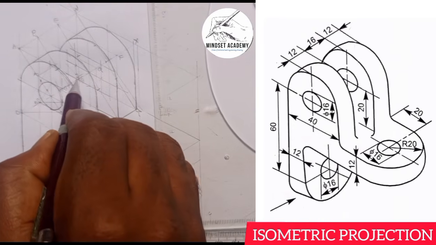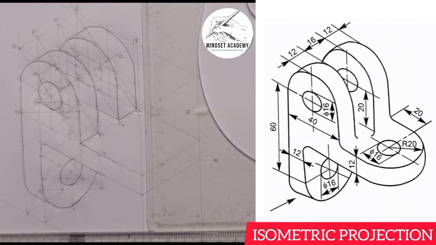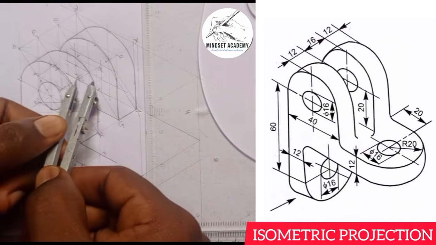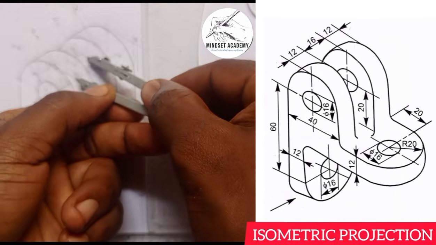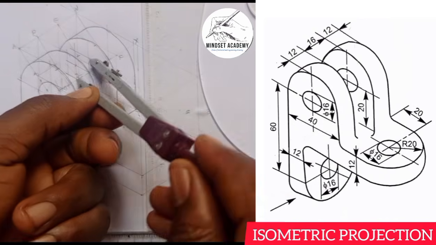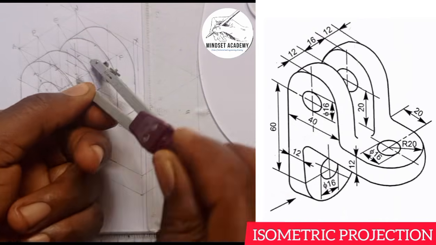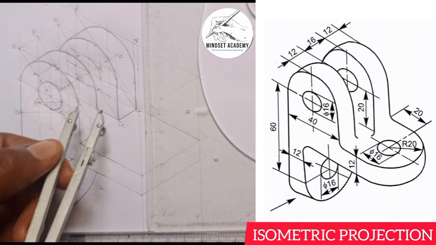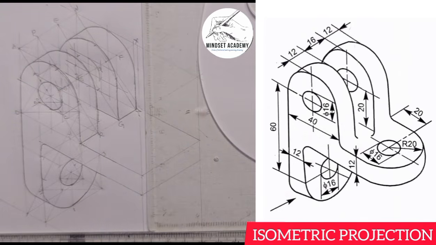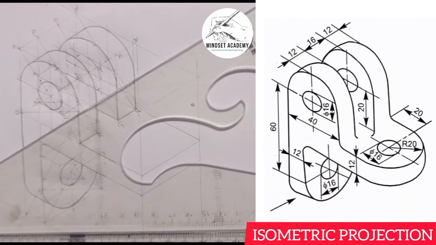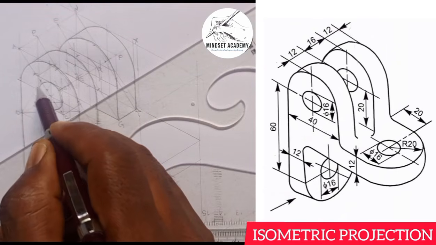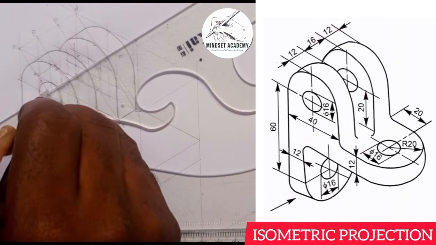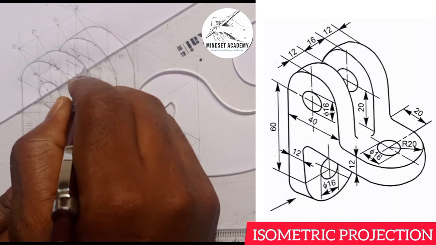So at this point here, this is where you just take your compass to this point to close it up. Right? Then transfer the center line here. This point here that I used to get this arc, transfer it to this point here.